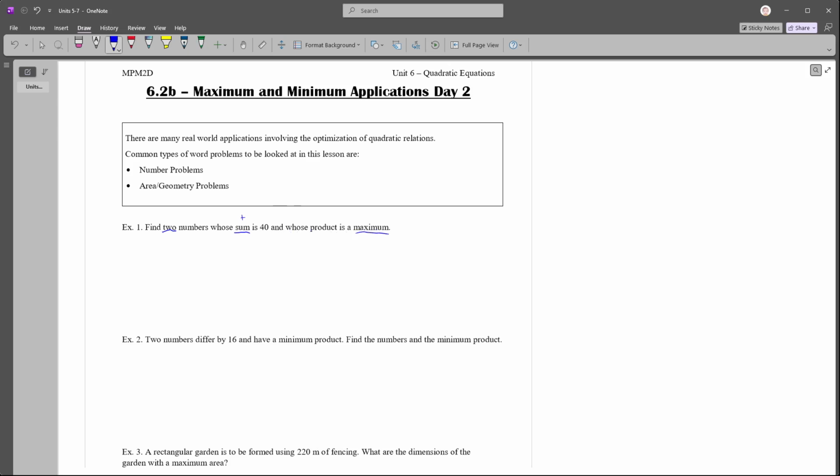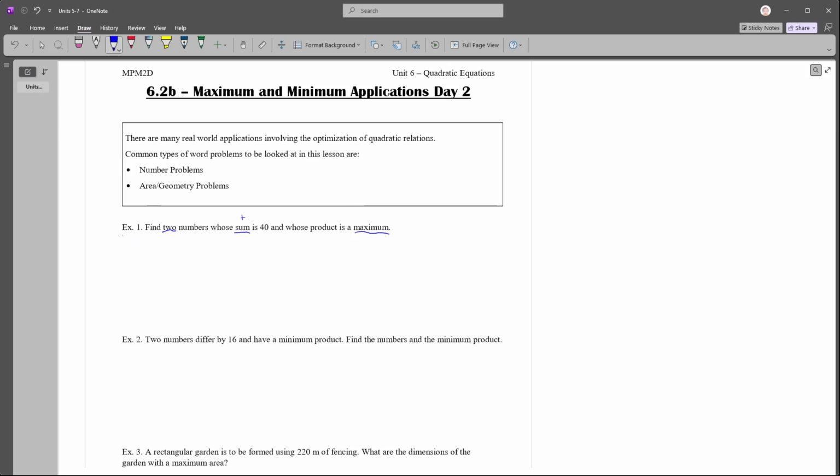Okay, so as soon as we see that word maximum, we know that we're going to have to get vertex form at some point. So let's start off by trying to create our system of equations right after we've defined what our unknown values are. In this case, we're trying to find two numbers. We don't know anything about those numbers other than there's a sum of them and there's a product of them. We don't know how they relate in any way other than those properties. So we're just going to create a simple let statement.